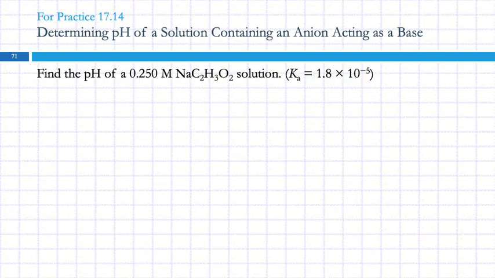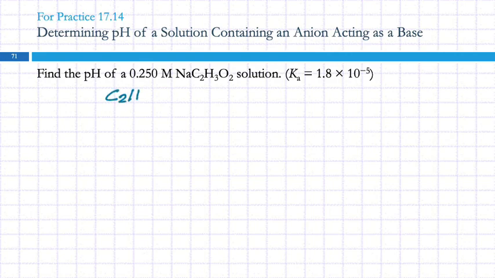So find the pH of a 0.250 molar NaC2H3O2 solution. Ka is 1.8 times 10 to the minus 5. This is sodium acetate. The sodium is just a counter ion, and so we're going to leave it out of our equation because it'll make things look simpler.